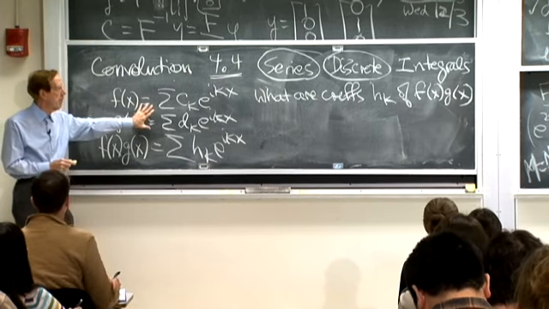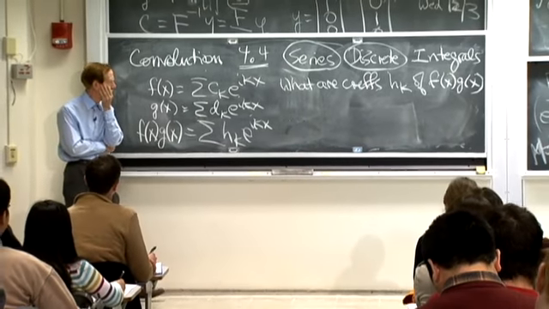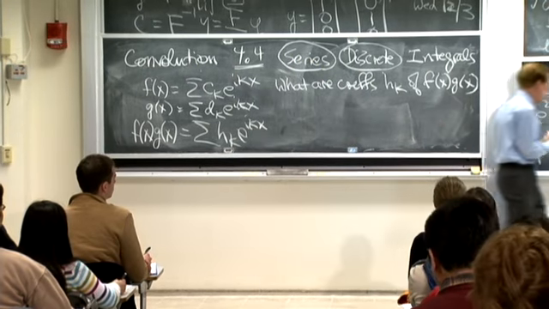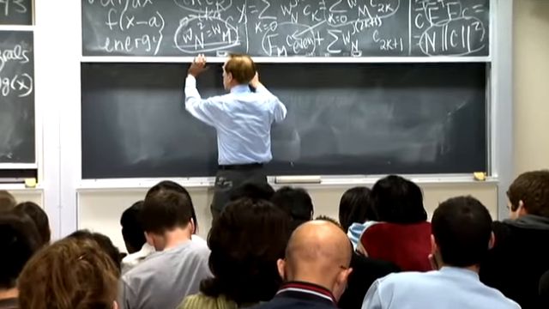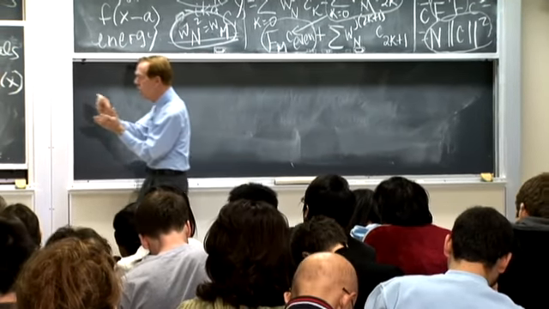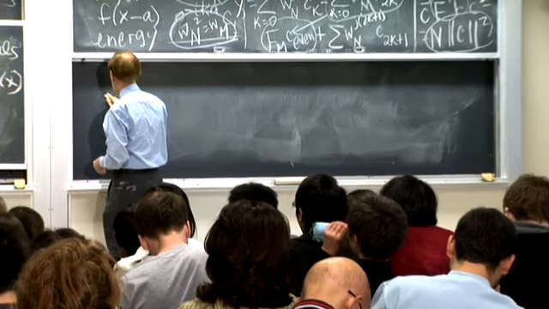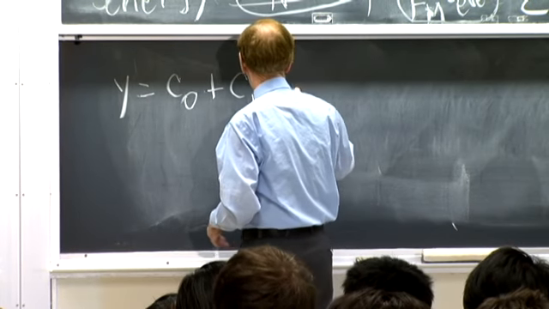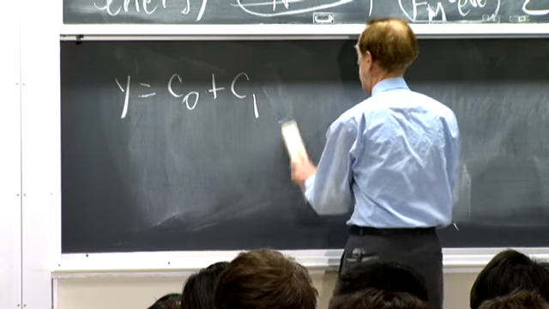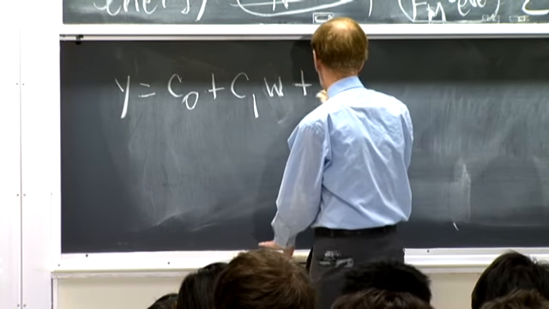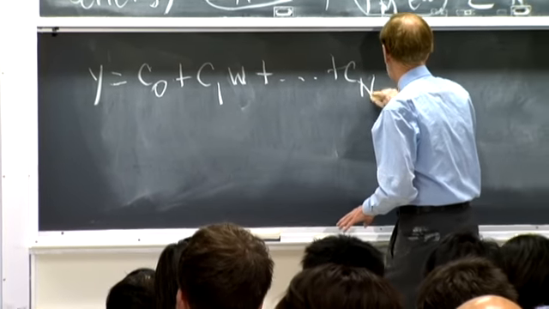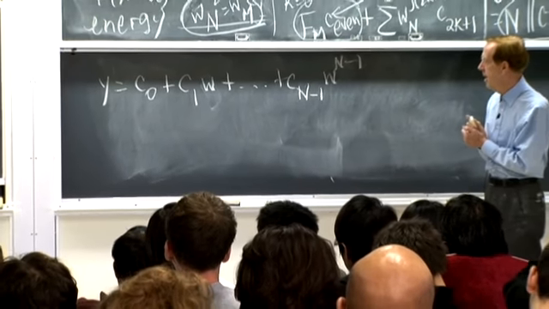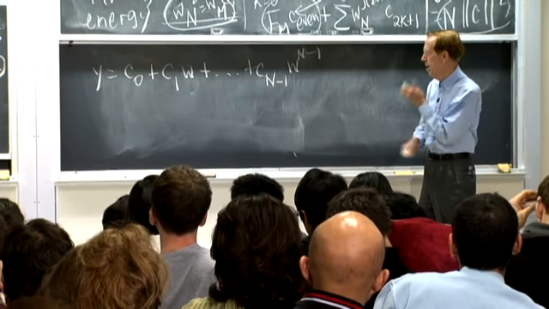So here I wrote it for this series, right? If I write it for the discrete ones, you'll see. Let me do it over here for the discrete one, because I can write it out. My y's are c_0 plus c_1 w, I have this nice notation w, plus c_(n-1) w^(n-1).